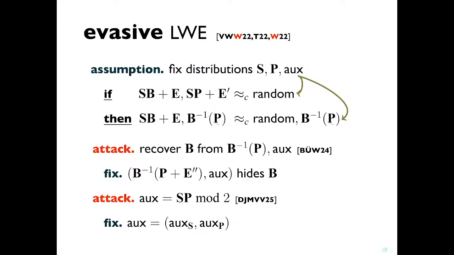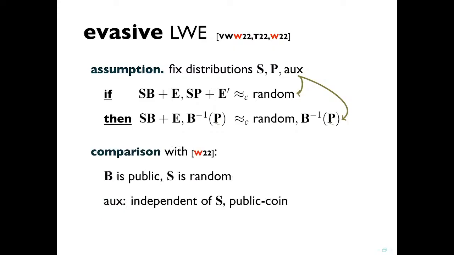There are basically two samplers, one that samples the S and one that samples the P, and you're allowed to have auxiliary input that depends on S and auxiliary input that depends on P, but not auxiliary input that depends on S and P. This also gets around the counterexample, while making sure that the security proof still goes through. Our security proof from before goes through unchanged, and these are already properties that are part of the original GGH15 encodings.